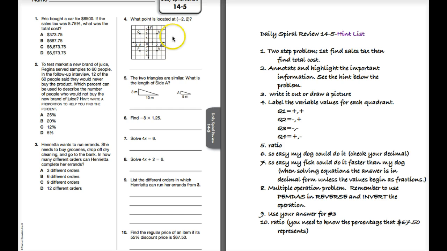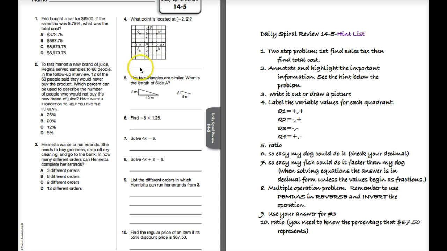So quadrant 1 is positive, positive. Its opposite is negative, negative. The quadrant 2 and 4, we've got negative x, positive y. And in the opposite quadrant, quadrant 4, we've got positive x, negative y. So hopefully that will help you plot these 2 points and let us know which letter is there.